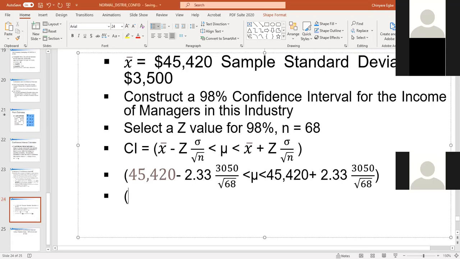So the math will be 45,420 minus, I'm going to use a different bracket here so as not to cause confusion, minus 2.33 times 0.4901 divided by 8.246. You see what I'm doing?